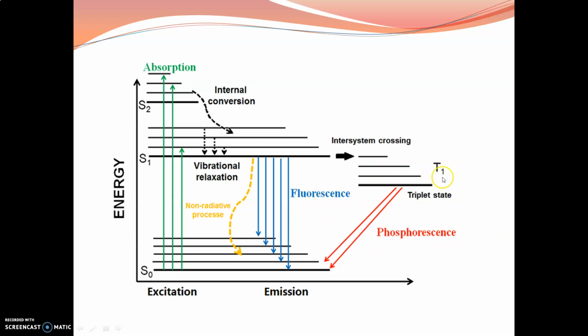Since more time is required here, phosphorescence stays for a longer period of time, whereas in fluorescence, as soon as the radiations are cut off, the fluorescence light is cut off. I hope the things are clear.